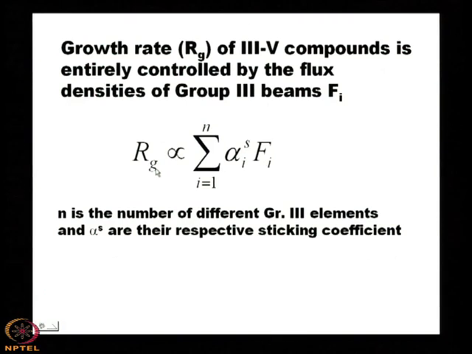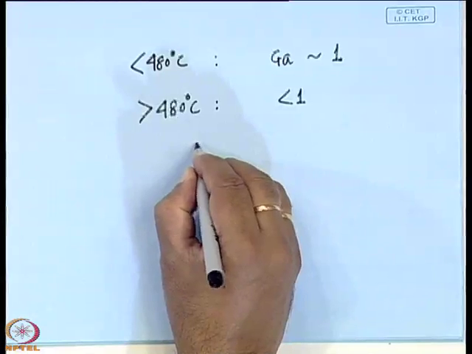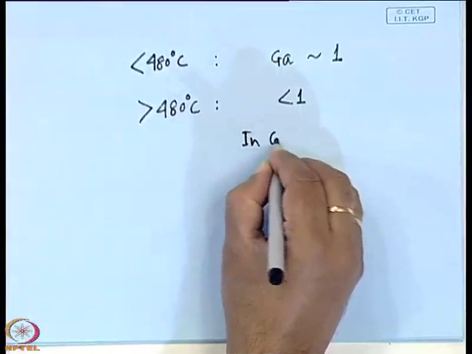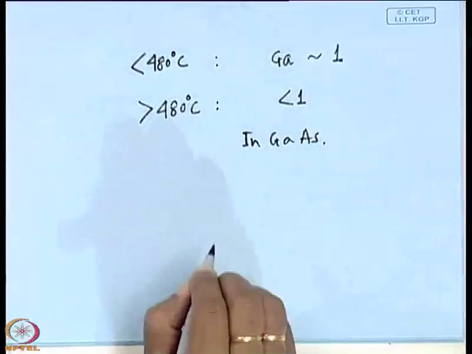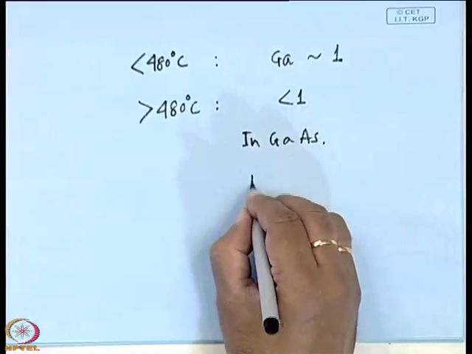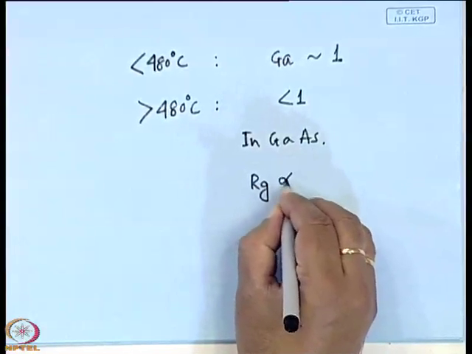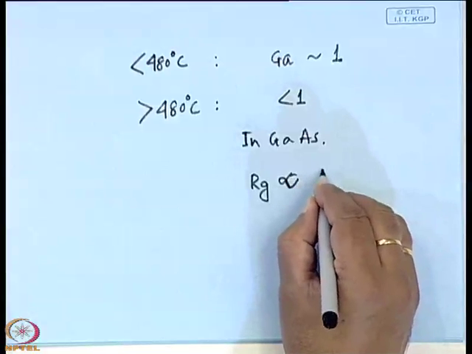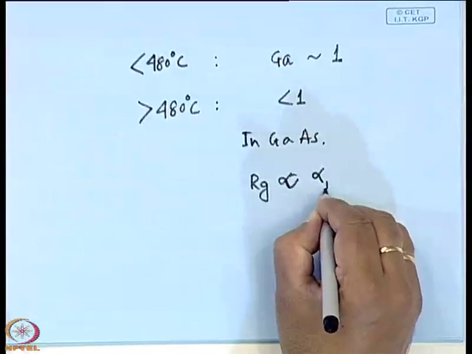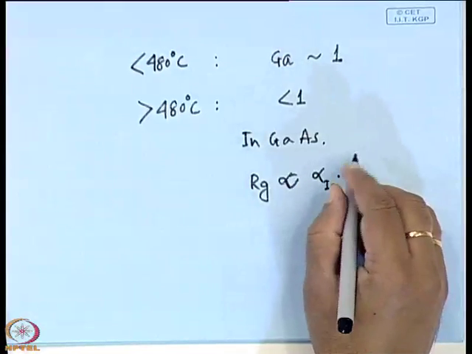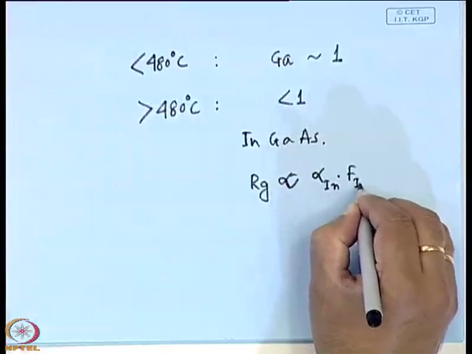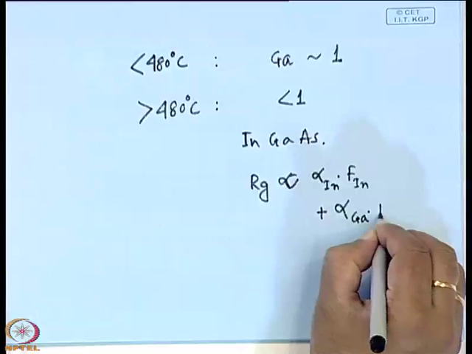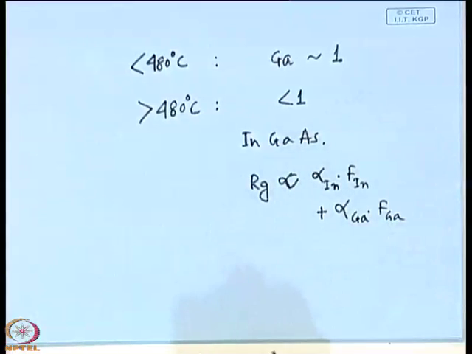Now, growth rate is proportional to this. Suppose I want to grow indium gallium arsenide. In that case, Rg will be proportional to the sticking coefficient of indium multiplied by the flux of indium plus the sticking coefficient of gallium multiplied by the flux of gallium.